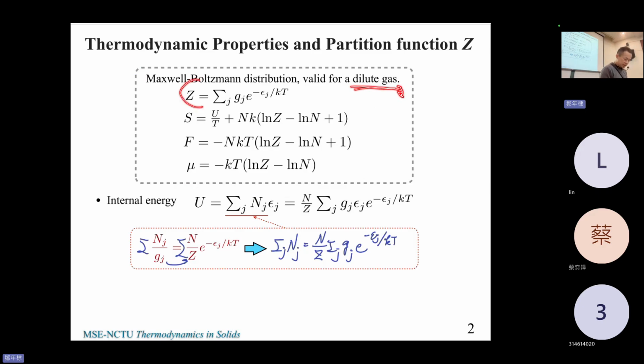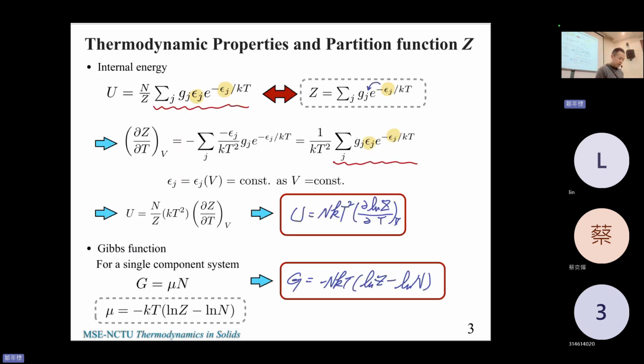So you use Z and the well-known Boltzmann equation. You connect Z and S successfully, all right? And then use S as an entrance or bridge, and you can determine F, mu and U.